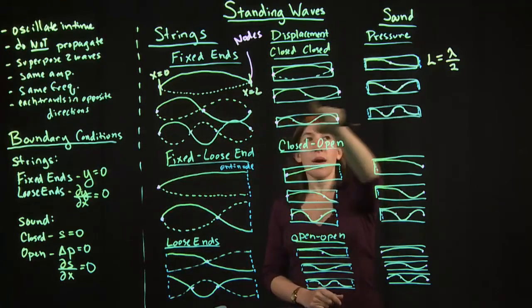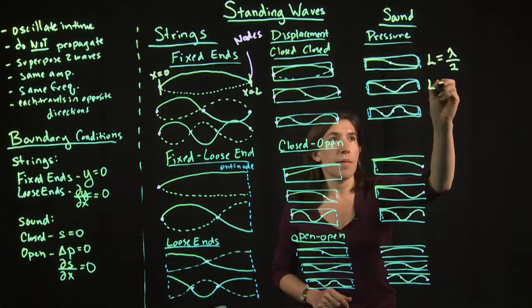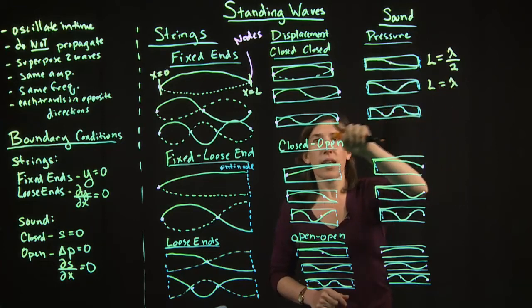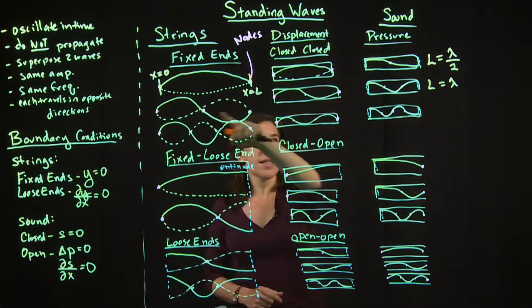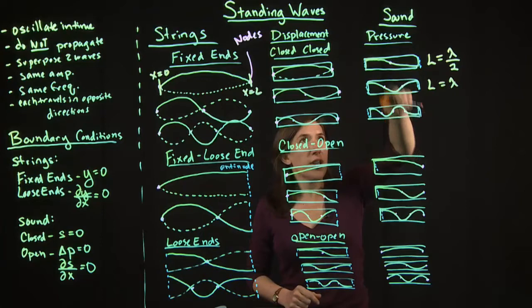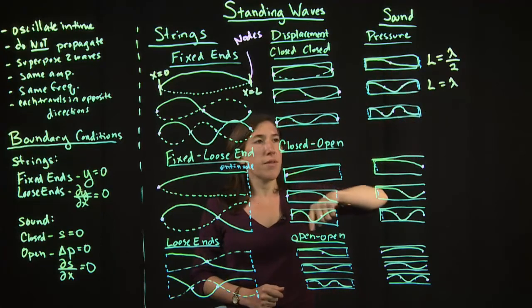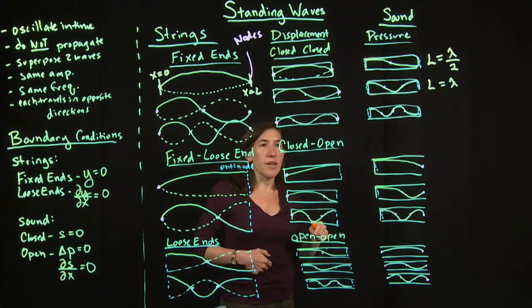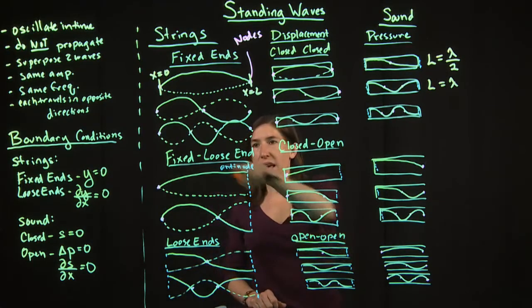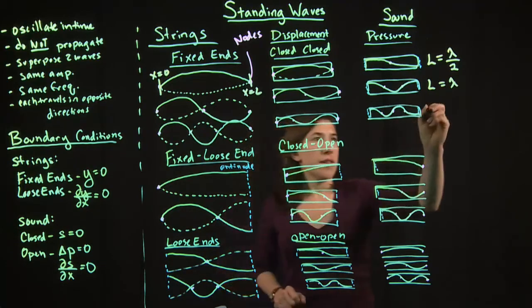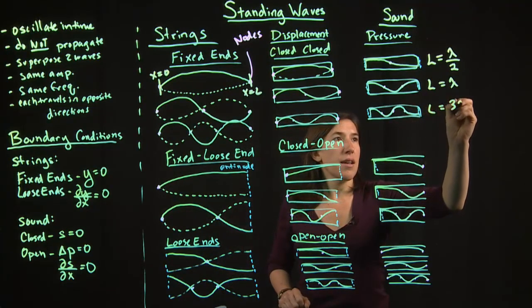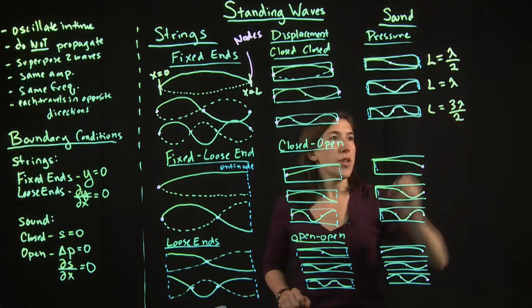And then the next harmonic, we see that the length of the pipe exactly equals the wavelength. Exactly one wavelength fits. Now this one, it's maybe harder to see in the pressure ones, but if you think about it for long enough, you could convince yourself that that's what's going on. And then in the third case, the length equals 3 lambda over 2.